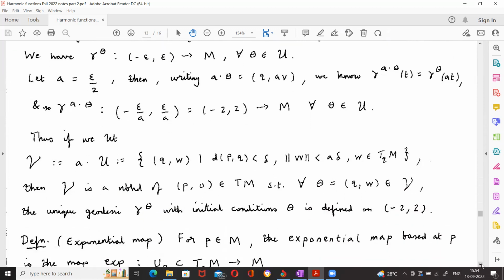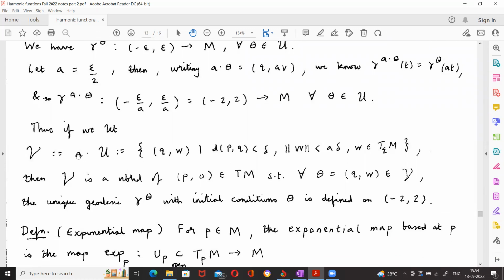Okay, for all theta and u. So therefore, if we let V be a dot U, this means what? This means pairs q comma w, where w is of the form av, where q comma v belongs to U. Okay. So this q comma w will be pairs where distance pq is less than delta and norm w is less than a times delta, right?